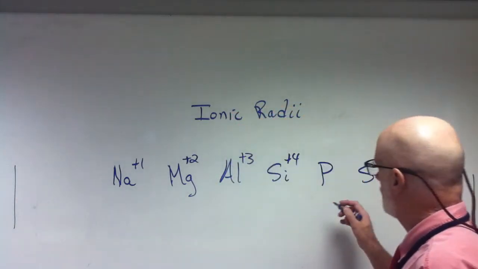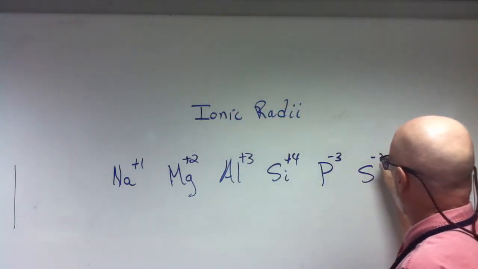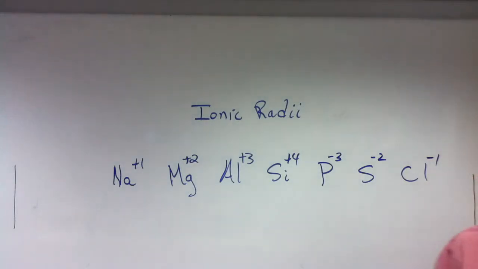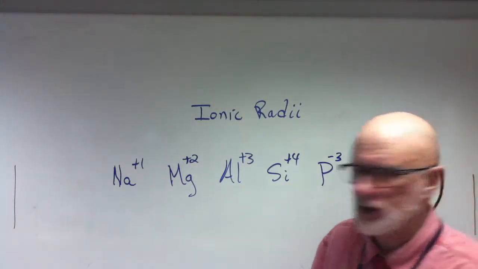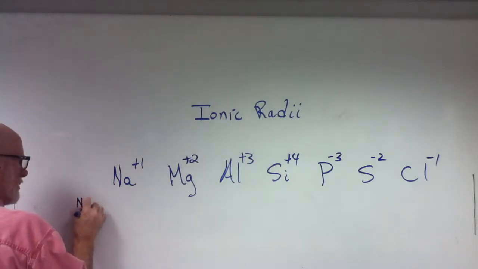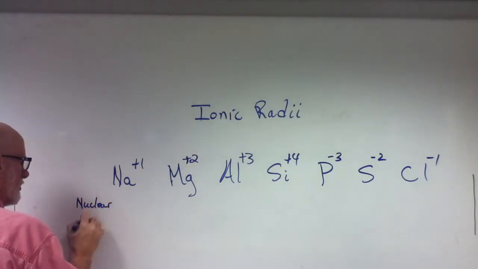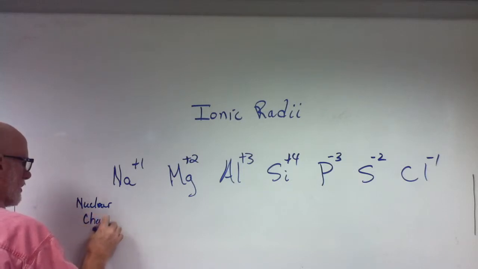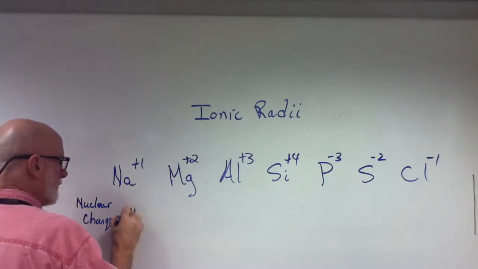Now, this is going to be an anion. Are we all right with that? Let's put the nuclear charges down. This is going to be nuclear charge. This is going to be 11.